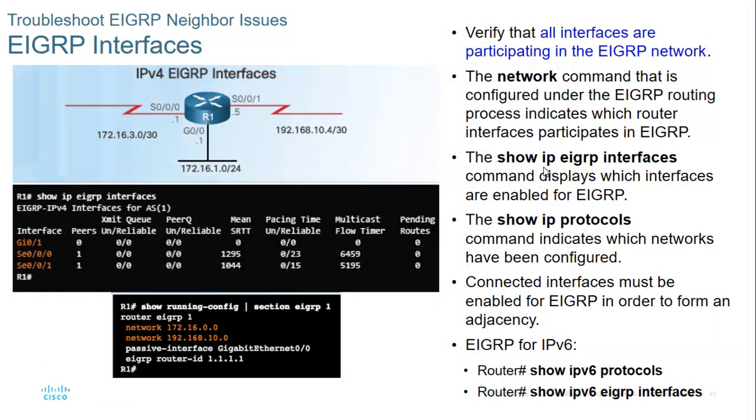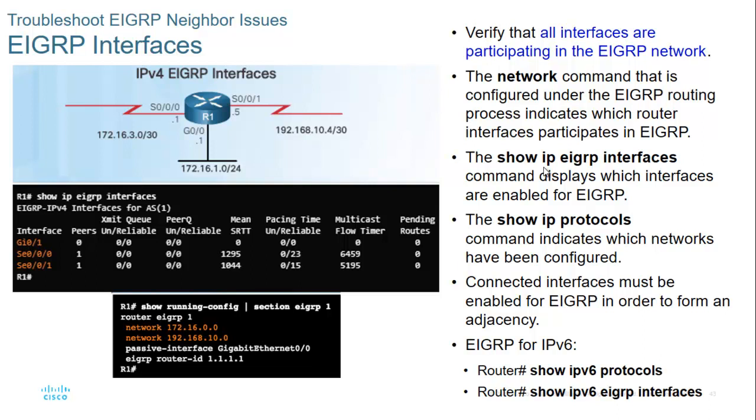Verify that all interfaces are participating in the EIGRP network. The network command that is configured under the EIGRP routing process indicates which router interfaces participate in EIGRP. This is why it is important for you to know what you are configuring in the router. Because the router can modify what you write, if you type an IP address, it will go and find the network address for you.